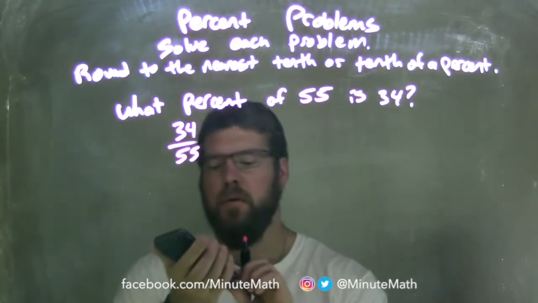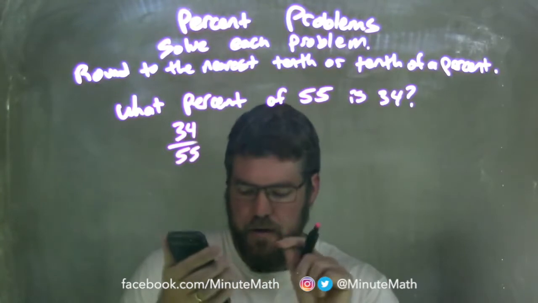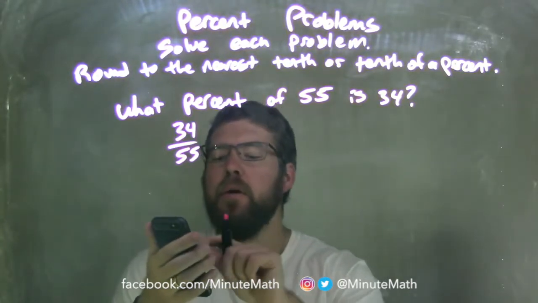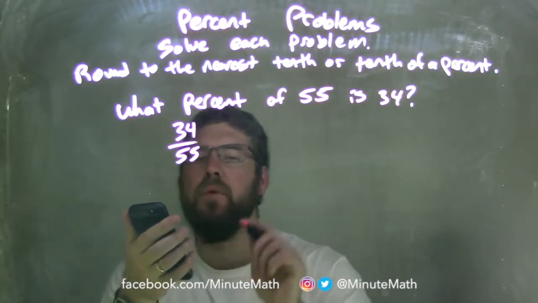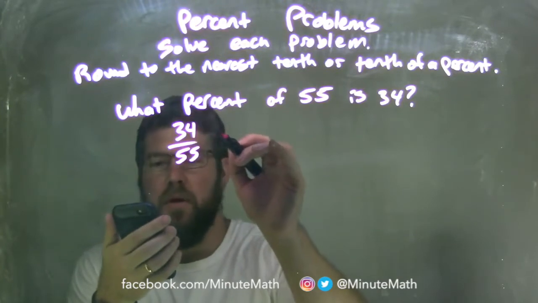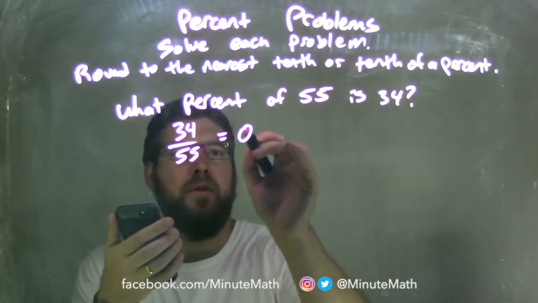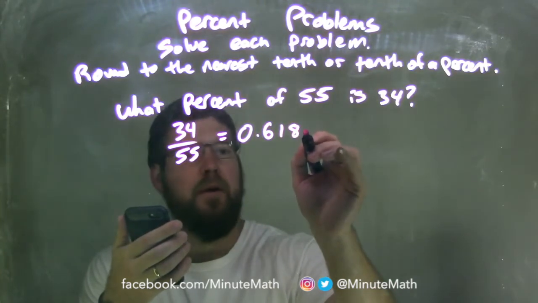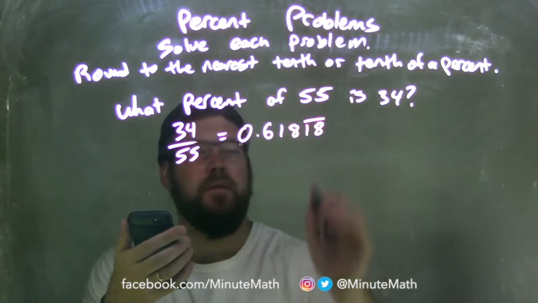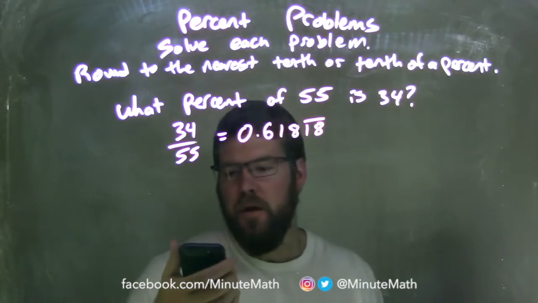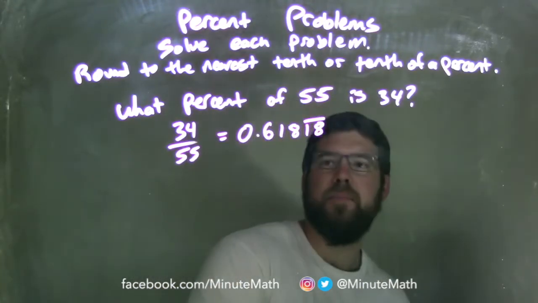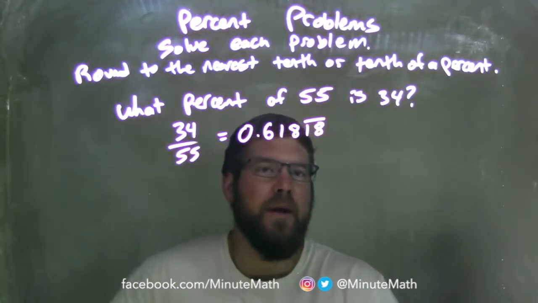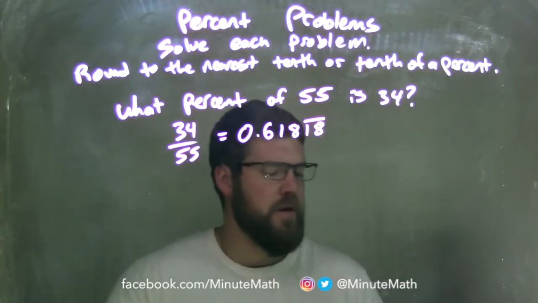We look at a calculator here. 34 divided by 55 comes out to be equal to 0.618, then it goes 1, 8 repeating.